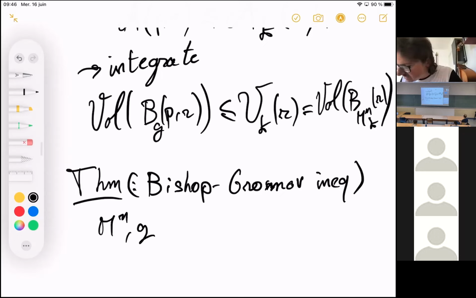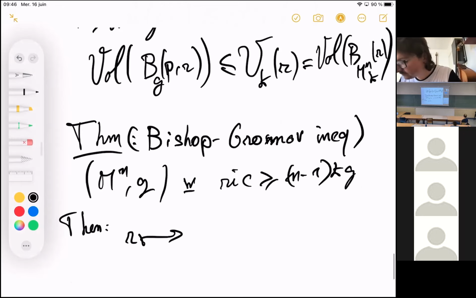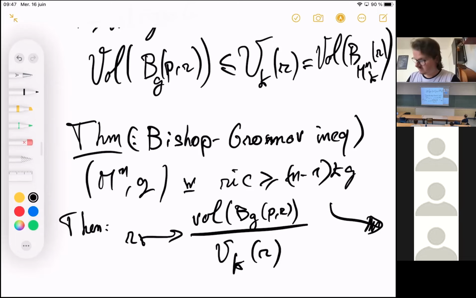Once again, (M, g) with Ricci greater than (n-1)k g, then the ratio of the Riemannian volume of balls over the Riemannian volume of balls in the model space is once again non-increasing.